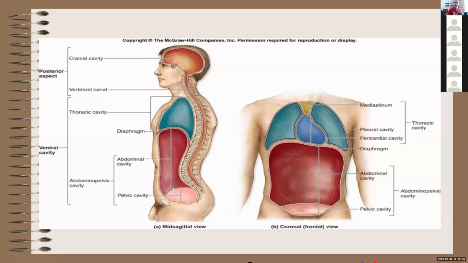And that hernia can allow some of your organs then to push into the pelvic cavity, which can cause pain and can cause some other issues, very serious issues if you leave it too long. But we'll get to that towards the end of our discussion of the tissues and connective tissues. What I want you to know are the differences between the cavities. So let's take a few notes.